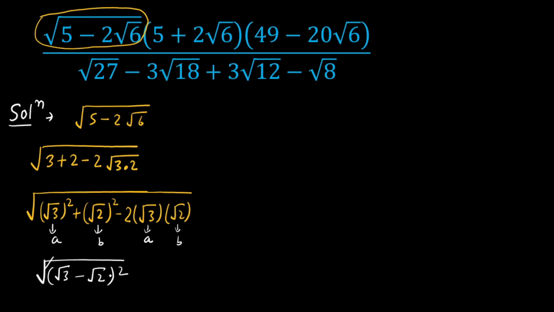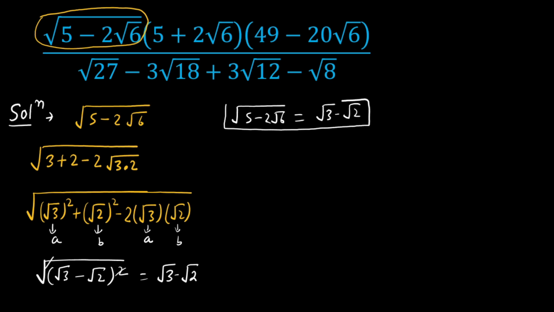Now this square root is cancelled out by this square, so we get square root of 3 minus square root of 2. Here the value of square root of 5 minus 2 times square root of 6 is equal to square root of 3 minus square root of 2.